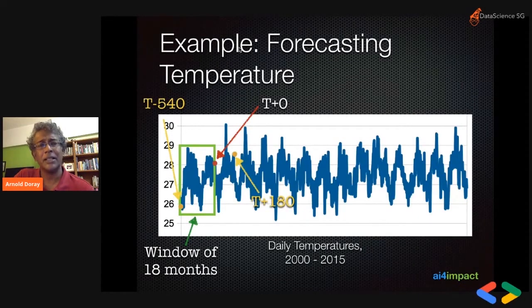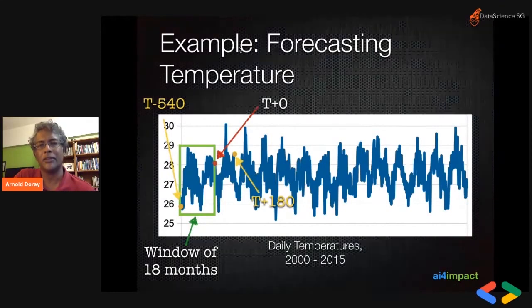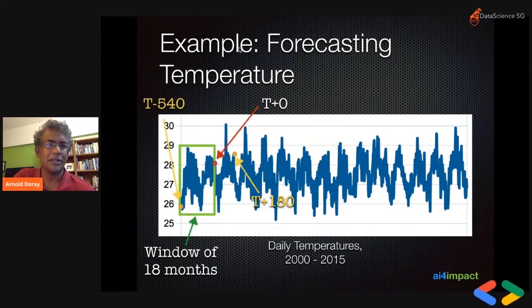So what I do is take this data and window it. In other words, I get the 18-month window, which is a big vector, and I have one output. Typically for forecasting, you really want to forecast just one thing, even for financial series, or demand, or weather forecasting. So in this case, I'm just forecasting T plus 180.